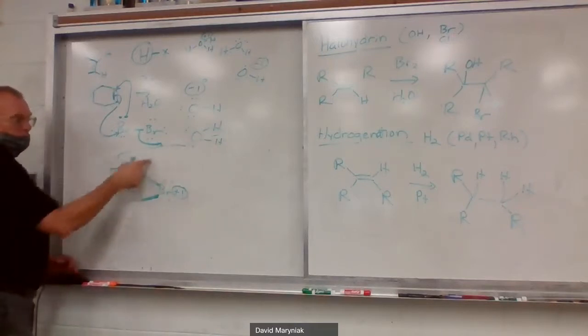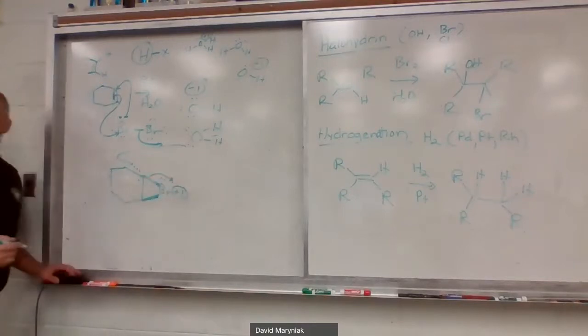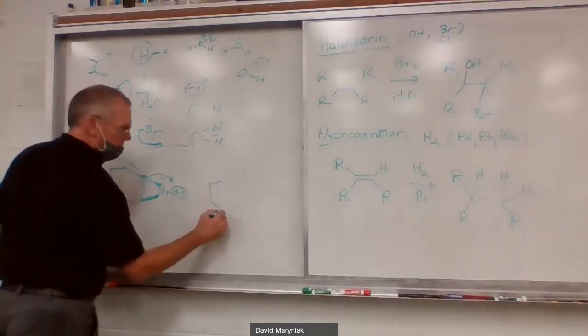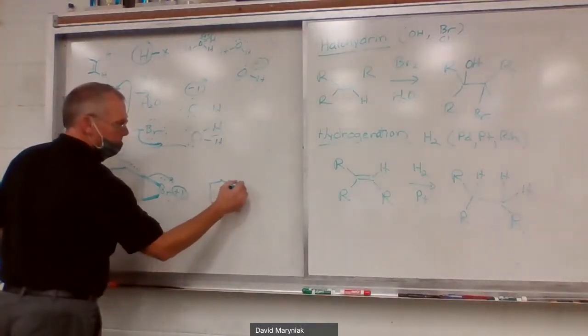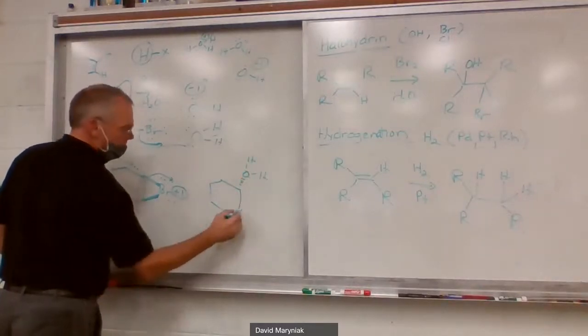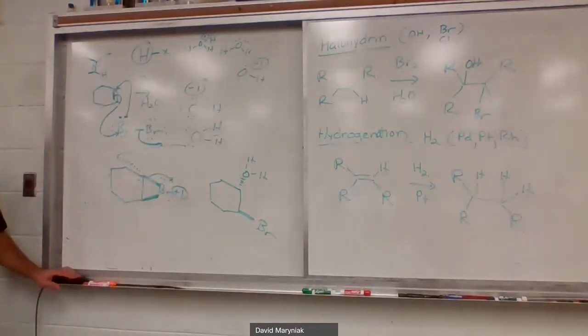And this is going to attack at the same time this leaves. Is it SN2 like? And we always say front side attack or back side attack. Backside attack. So will you initially get anti-addition, where that OH2 comes in like that, and that bromine is on the other carbon like that.